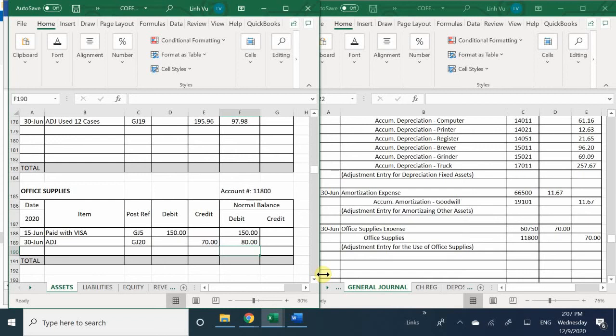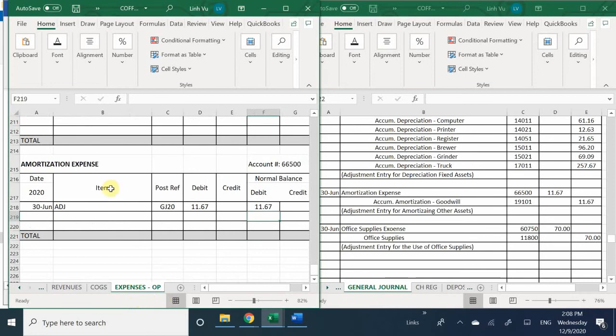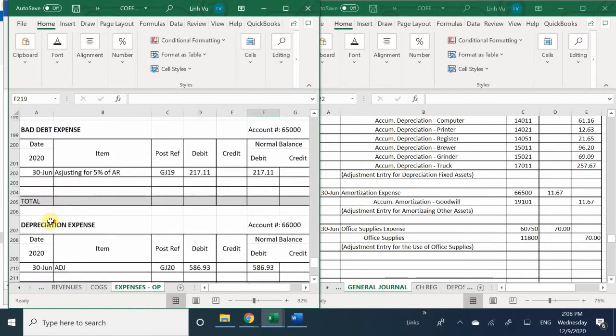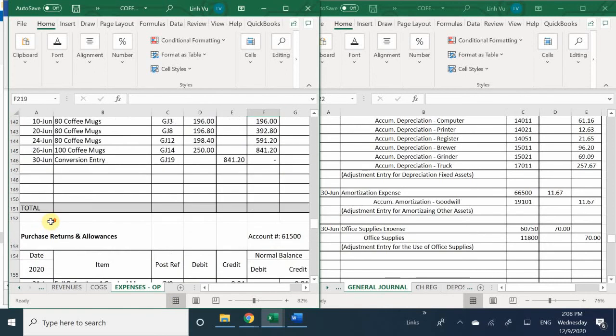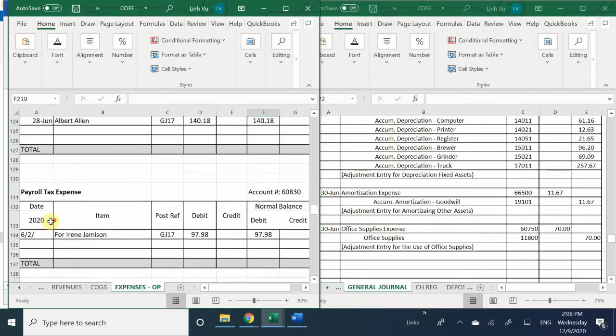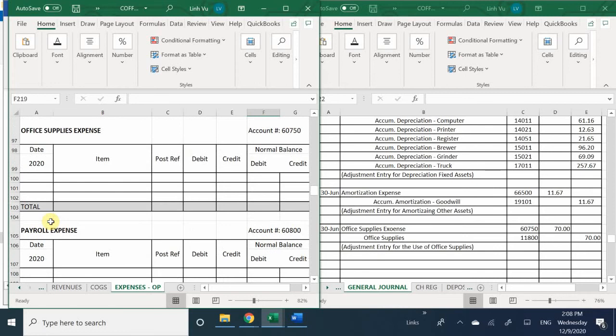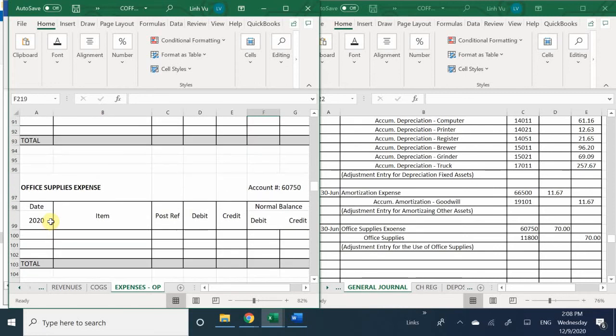And then we gotta go over to the expense in the, what is it, 60750 category. Here we go, office supplies expense. Great.